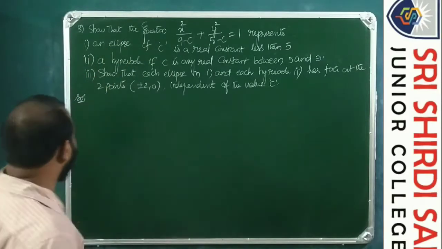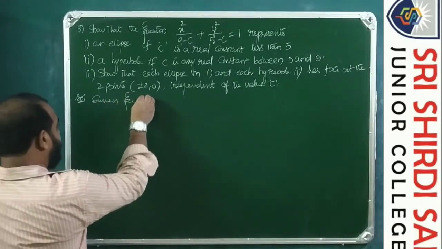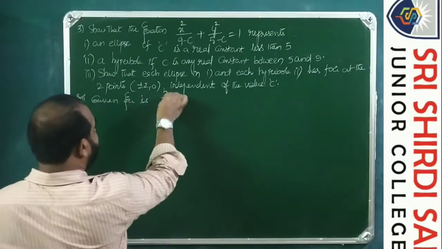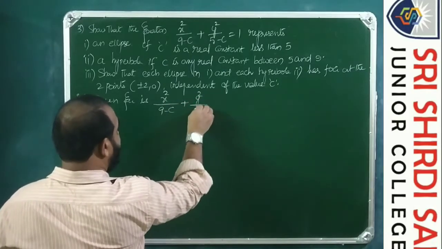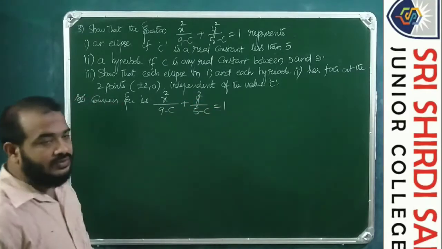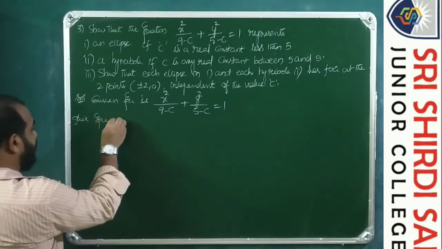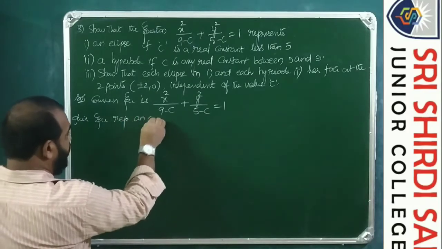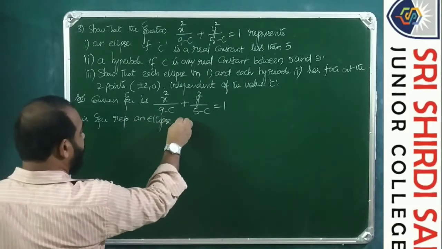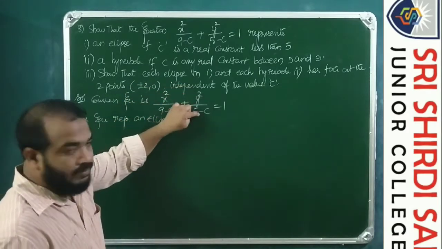this given equation is x square by 9 minus c plus y square by 5 minus c equals 1. So this equation represents an ellipse if it is of the form x square by a square plus y square by b square.